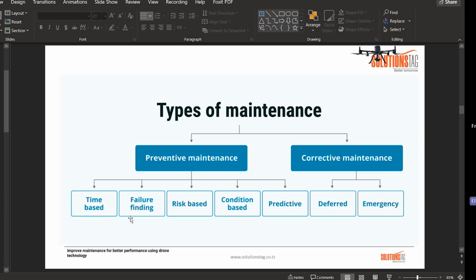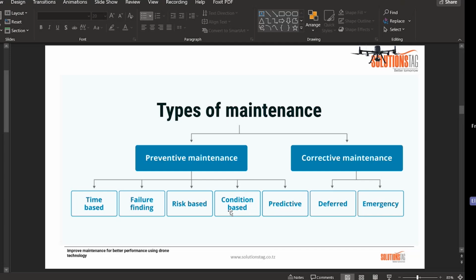For risk-based, you find an instrument which, when it fails, can cause serious consequences. The ones with a very high level of risk are the ones we monitor very closely. With condition-based, you check the condition of each instrument in your facility.